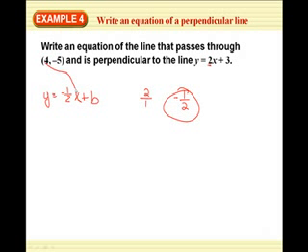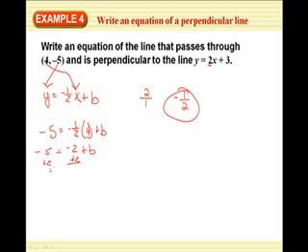Put in 4 for x, put in -5 for y. It's just like what we were doing with the parallel, it's just we used the negative reciprocal. 1/2 of 4 is 2, so that's -2. -5, add 2, -3 equals b. So our equation would be y equals -1/2 x minus 3.